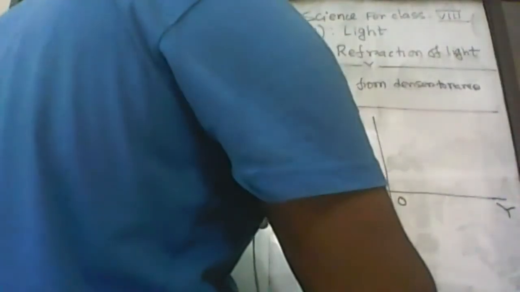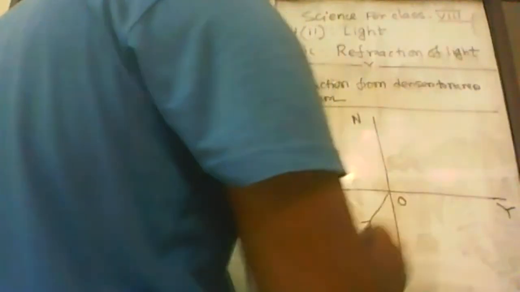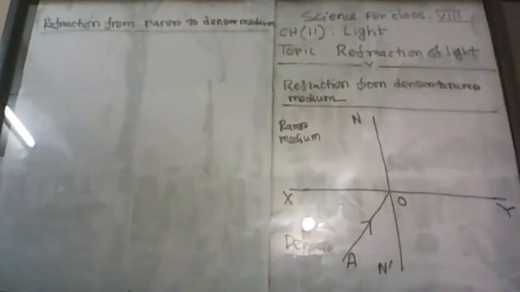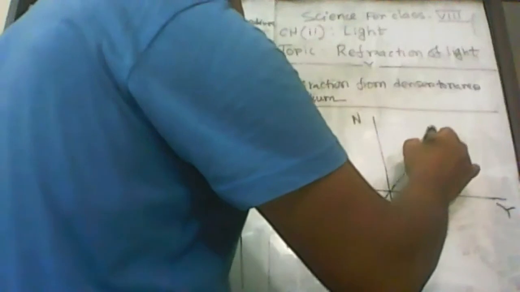So here it starts its journey from denser medium, in this particular path from point A to O. And you see at the rarer medium, it cannot pass through its original direction, original path.